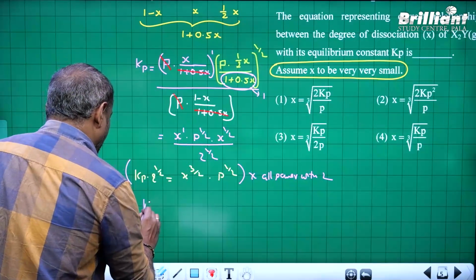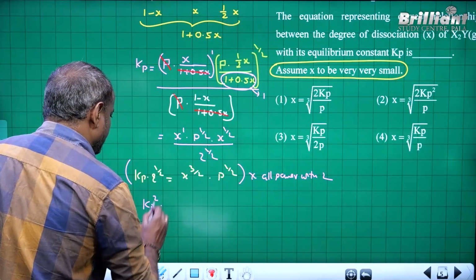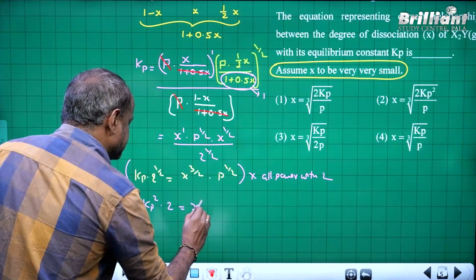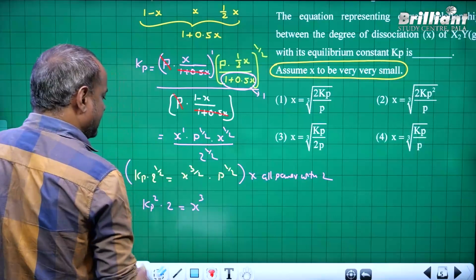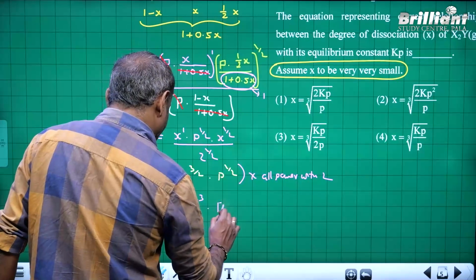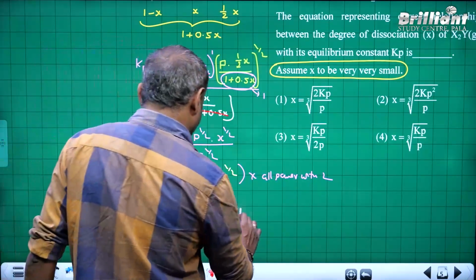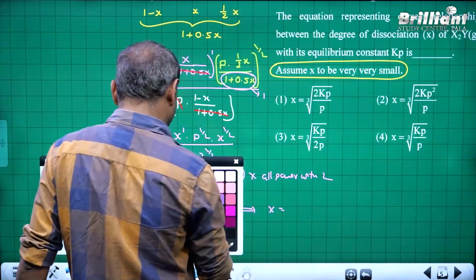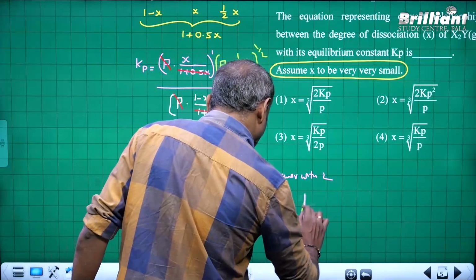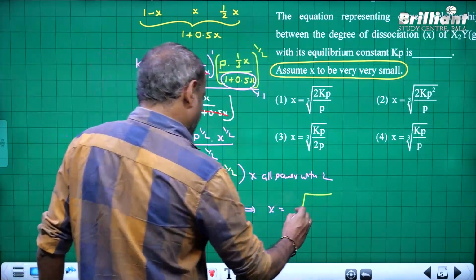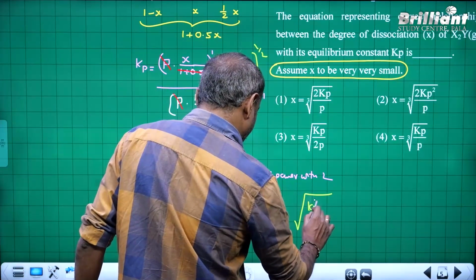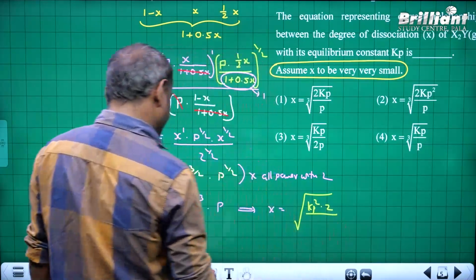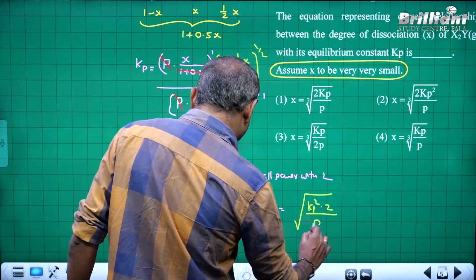Then Kp raised to 2, 2, x raised to 3 into P. Therefore, x equal to Kp square into 2 by P cube root.